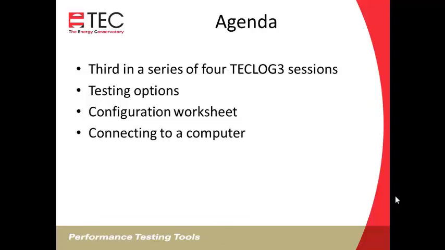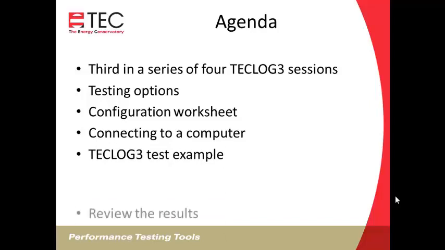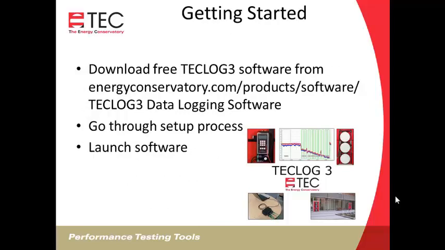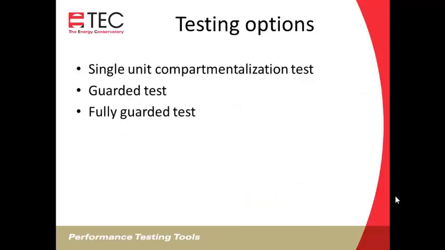We'll talk about options for connecting multiple DG700s to a computer. And then we'll do an example test of a 2-unit building, and then we'll review the results. So to get started, you can download a free version of the TECLOG3 software from our website, go through the setup process, launch the software and try it out.